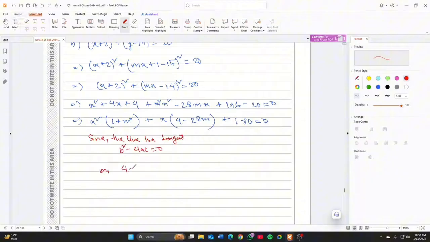What is b? This, so (4 minus 28m) whole squared minus 4 times (1 plus m squared) times c, which is 180, equals 0, right?